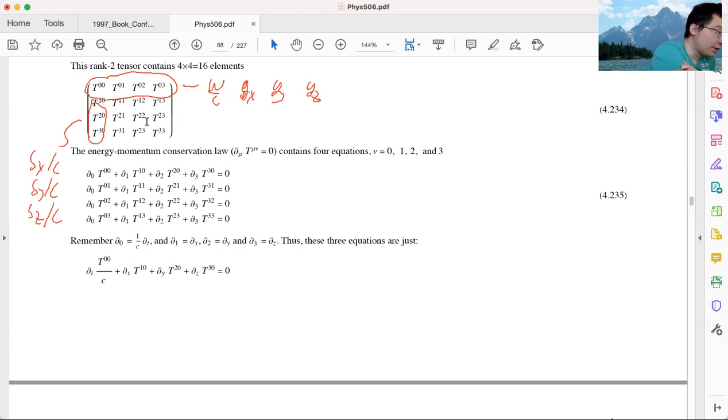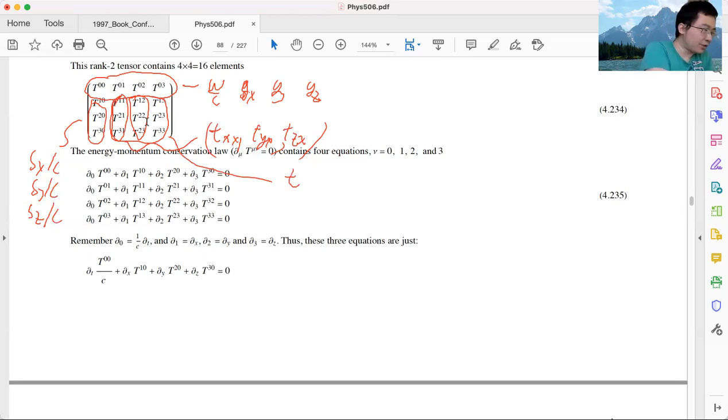And these 3 are T xx, T yx, and T zx, the 3 current for the x component of momentum. The next column is the 3 components for the current density for the y momentum, and the next one is z momentum. So this 3x3 part is the small t matrix.